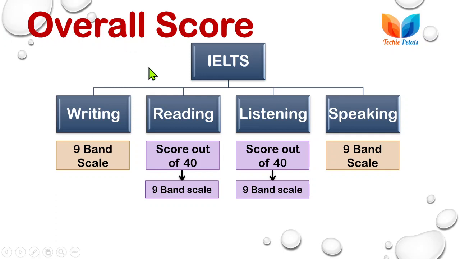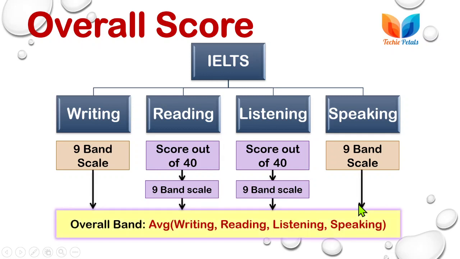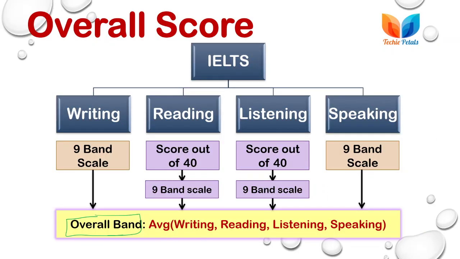The overall score will be calculated by taking the average of these 4 band scores. After converting the reading and listening scores to the 9 band scale, we take the average of the writing band, reading band, listening band and speaking band to calculate the overall band of the candidate. This is the complete process of how the conversion is performed and how the overall band is calculated for a candidate.